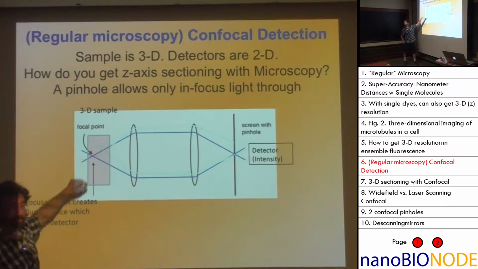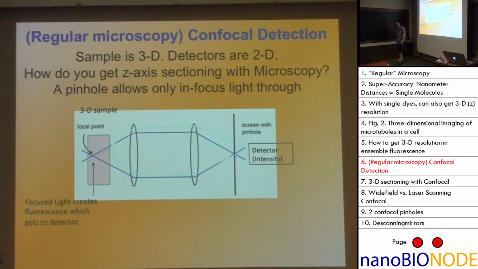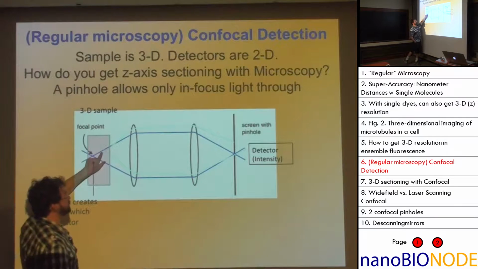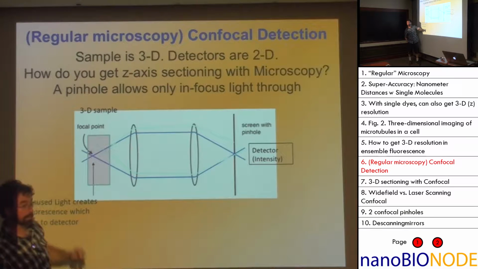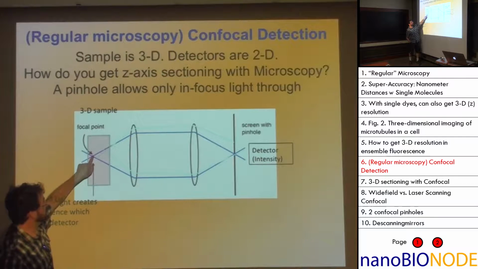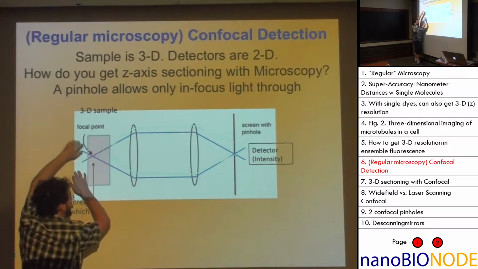When this light is coming down, tell me, where is the fluorescence coming from? Everything that's in that cone. That's right. It's over here, and of course then the light is spreading out.